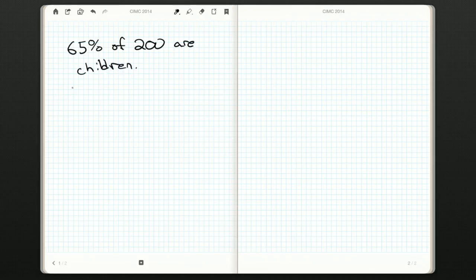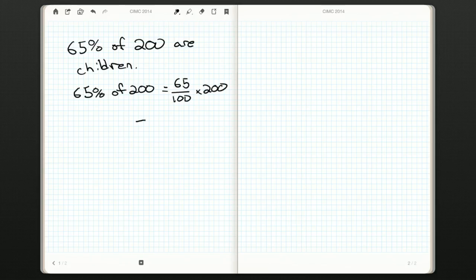Okay, well, what does 65% mean? It just means out of every 100, 65 satisfy the children criterion. So 65% of 200 is basically the exact same as saying 65 100ths of 200 people.